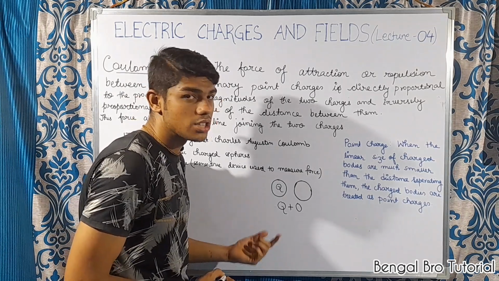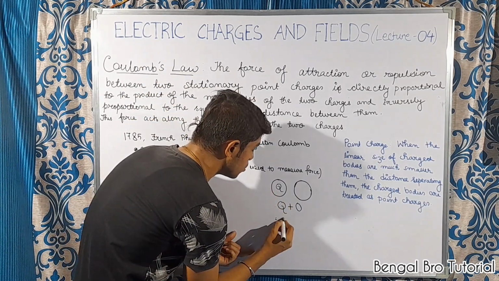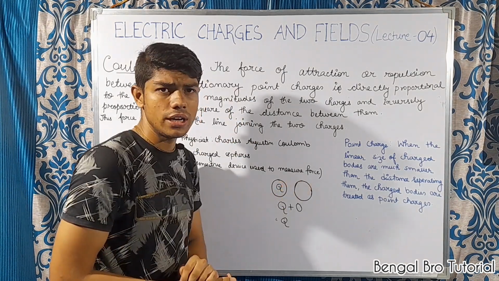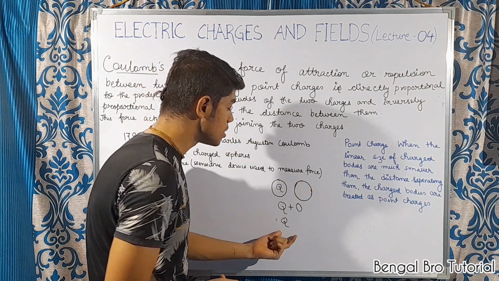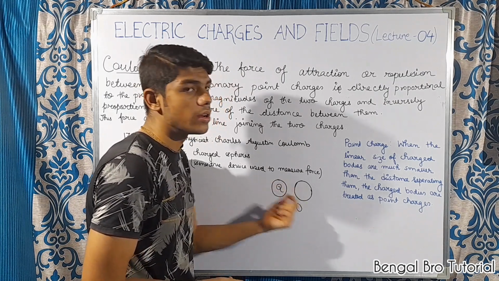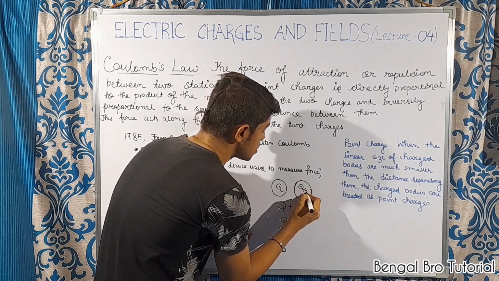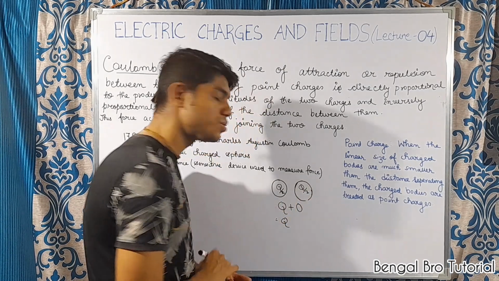So the total charge in the two spheres is equal to Q, and upon coming in contact with each other, this total charge will get equally distributed in the two spheres, and now each sphere will have a charge equal to Q by 2.